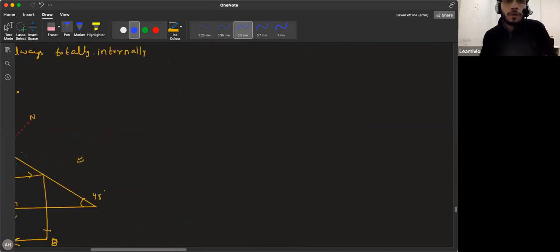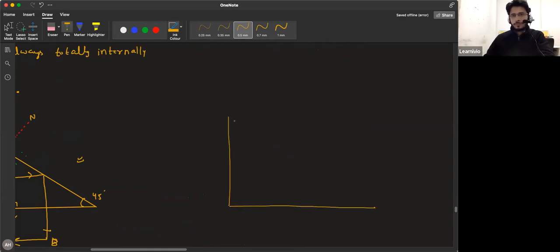See how it will deviate your light ray by 90 degrees. This is your prism. This angle is 90 degrees. This angle here is 45 degrees. And this angle here is also 45 degrees.